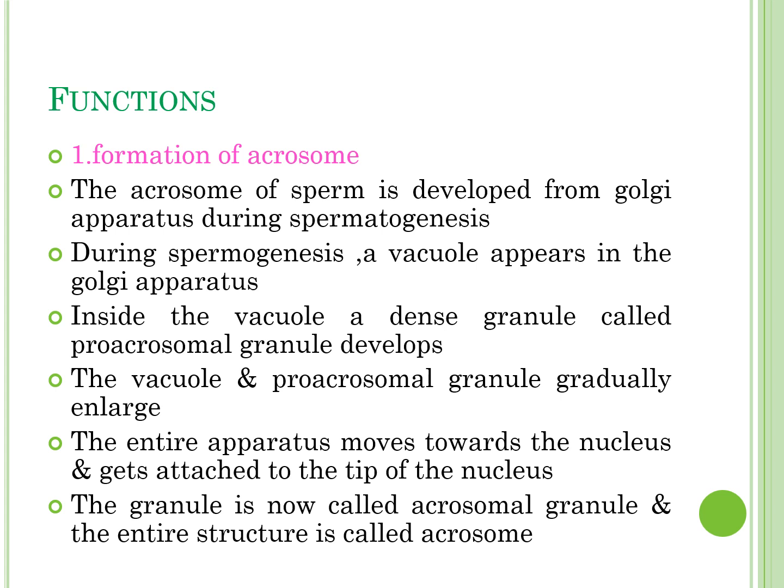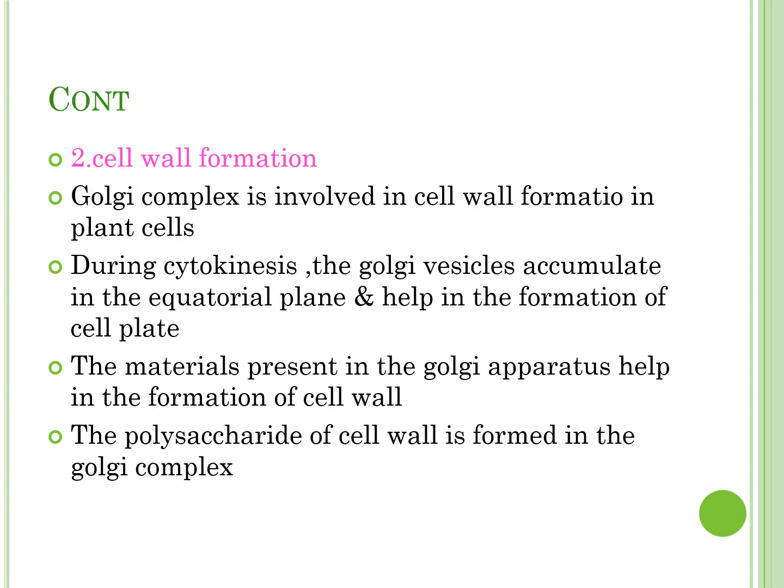Once the proacrosomal granule is formed, both the proacrosomal granule and vacuole start to enlarge. The entire apparatus then moves towards the nucleus and attaches to the tip of the nucleus. Then the granule is called the acrosomal granule, and the entire structure is said to be the acrosome.